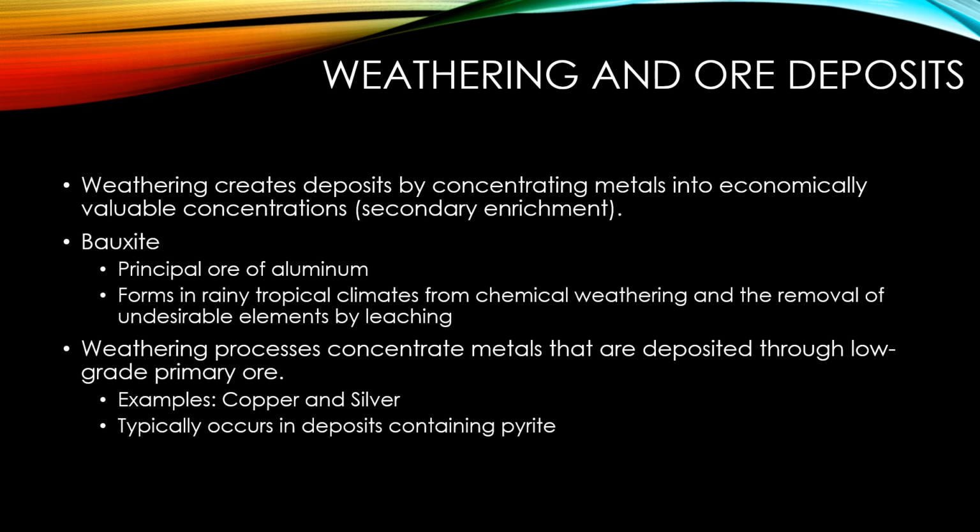Pyrite in and of itself is a low-grade ore, meaning it doesn't contain a high concentration of copper or silver. But when pyrite is exposed to weathering, a lot of times that weathering results in more concentrated pockets of copper and silver that can be mined in a more cost-effective way.